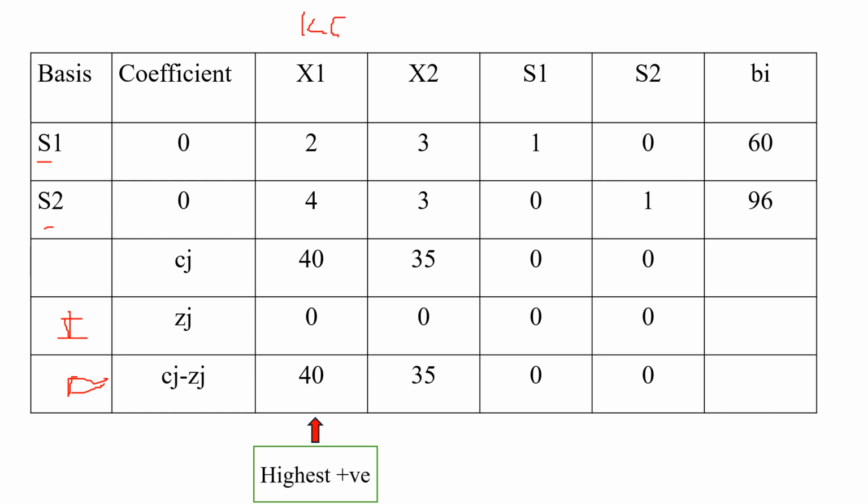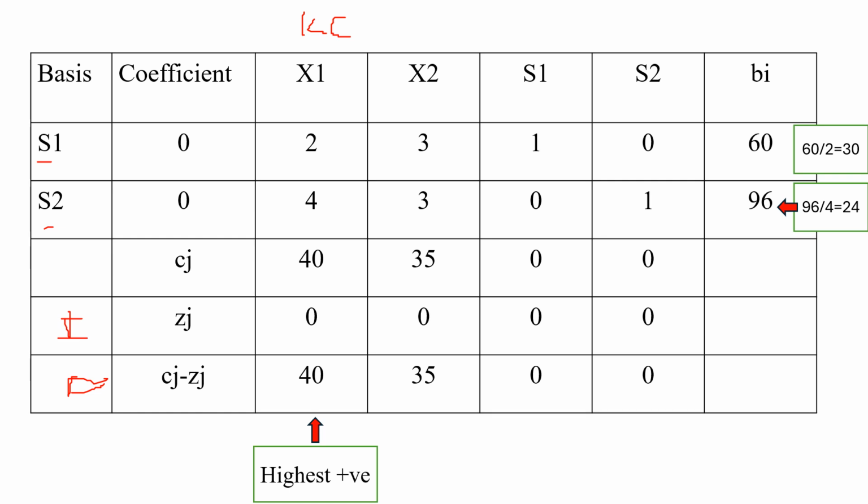That is your key column, Kc. When you identify the key column, you will find two numbers in the respective column, that is 2 and 4. When you know the 2 and 4, the next step is to divide 60, the constraint value, by 2, and your result is 30, and 96 by 4, and your result is 24.